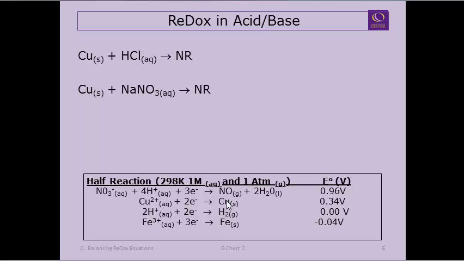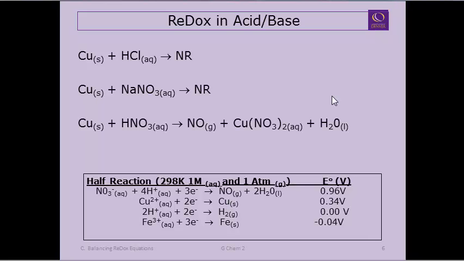Now, I don't have the half reduction calculations for that, but this is just observation. But if you put copper in the presence of nitrate that's in an acidic environment, then all of a sudden the reaction changes, and there is a reaction where nitrogen monoxide is formed, and copper is oxidized to copper 2 plus in solution.